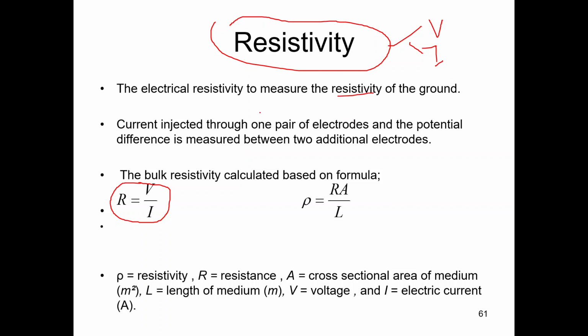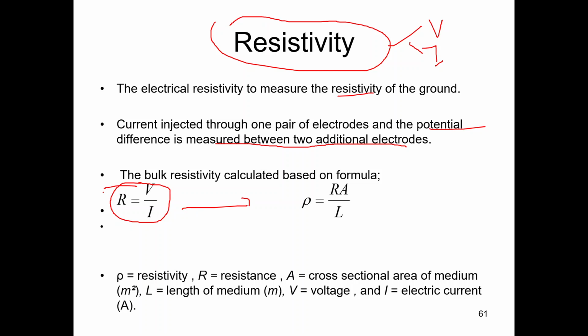The technique starts by injecting current through a pair of electrodes, and the potential difference is measured between two additional electrodes, meaning you need 4 electrodes. Then the resistivity is calculated based on that formula.